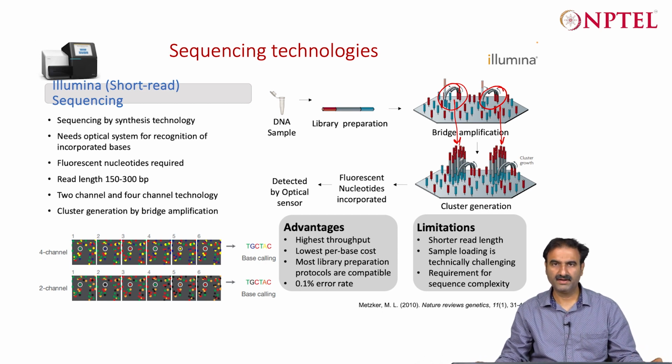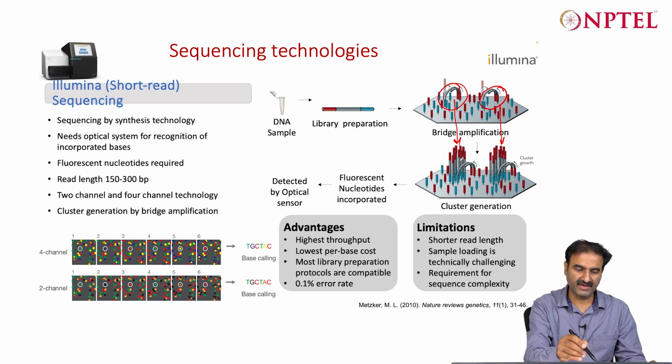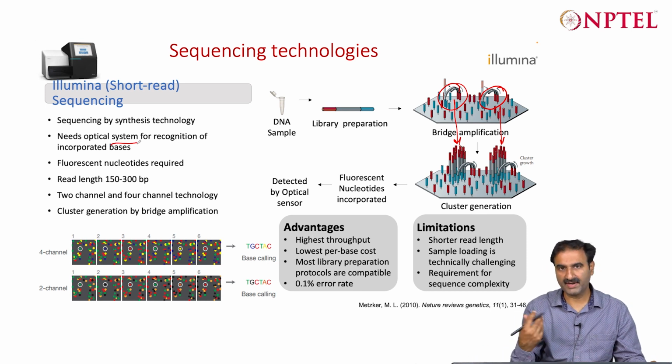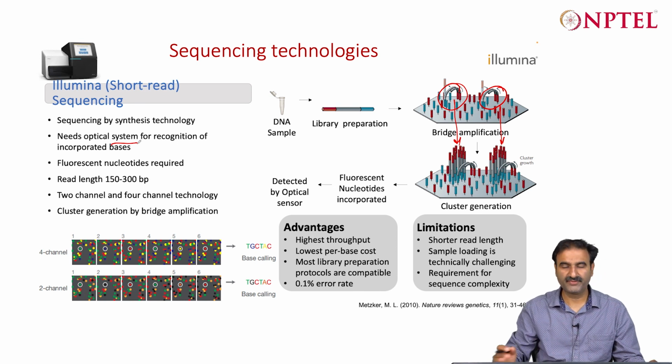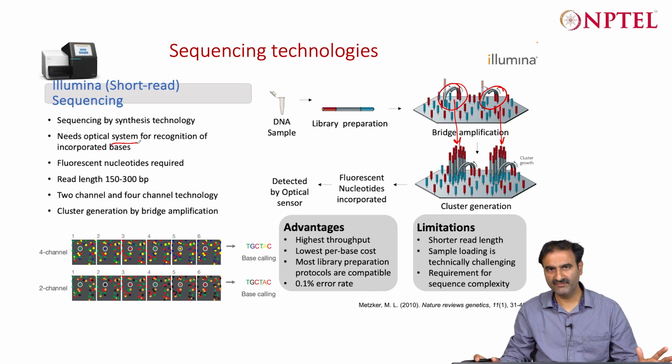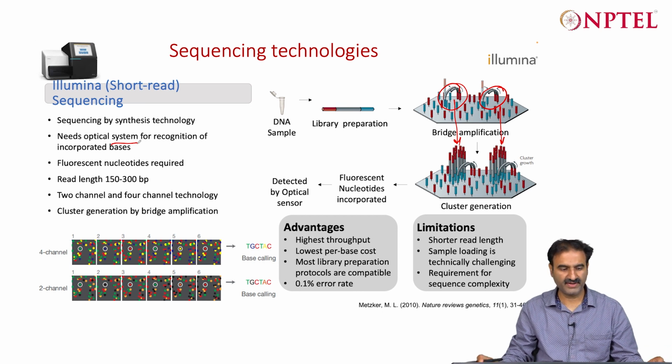It needs an optical system because a camera has to record the fluorescence. There are 4 different fluorescent types for A, T, G, C, but these days they are also using only 2 of these fluorescent dyes, with modified software.